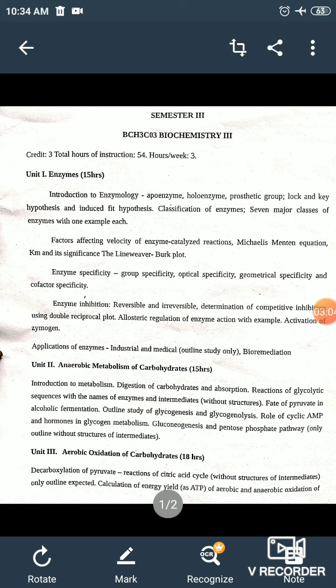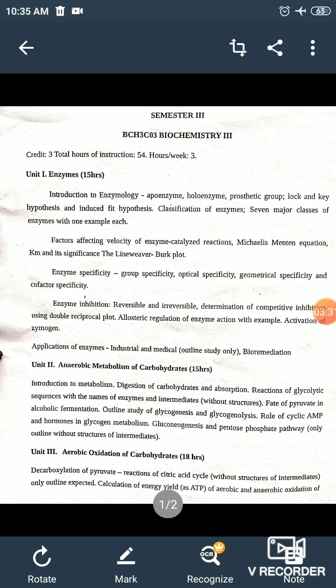Next, of course, the applications of the enzymes. So enzymes are applied in various fields like industry, medical, that is the clinical aspects, bioremediation and food industry, and it is applied in almost every field. So it's very important to learn the basis of enzymes.